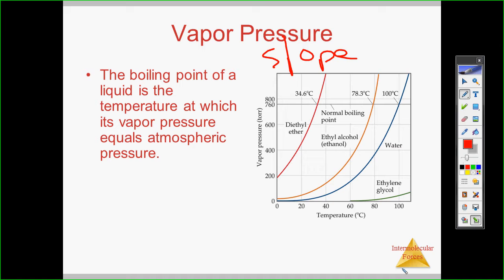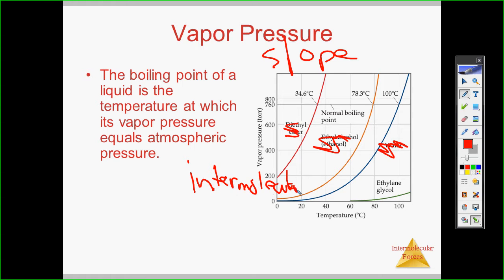If we didn't know what these were, and I wanted you to hypothesize, let's just do those three. Why do you think that the curves are different? This has a bigger slope, this has a nice curve, this has a longer curve. Why do you think? Intermolecular forces. Aha! So this is controlled by intermolecular forces.